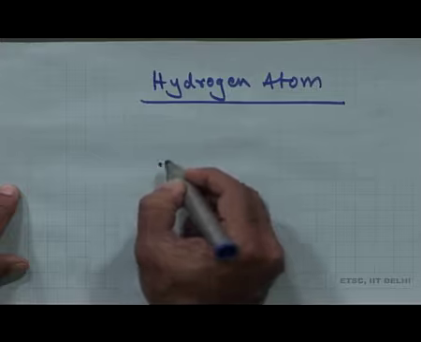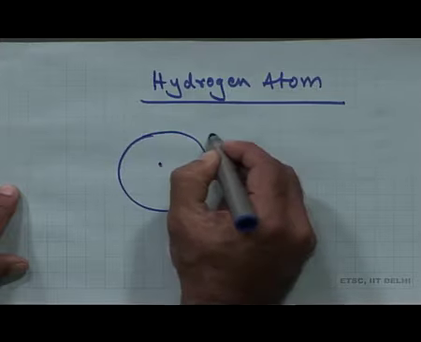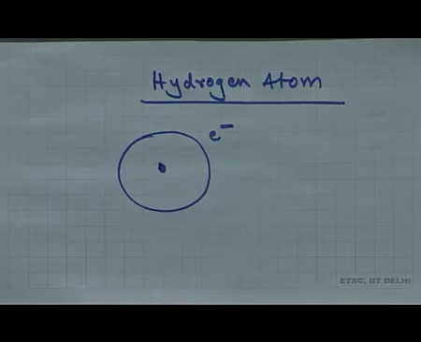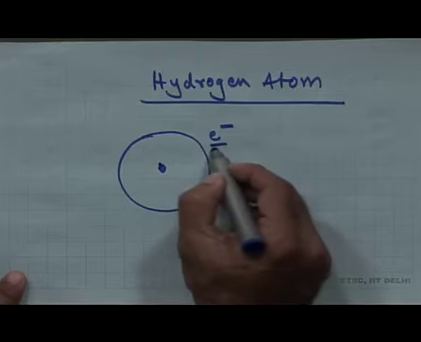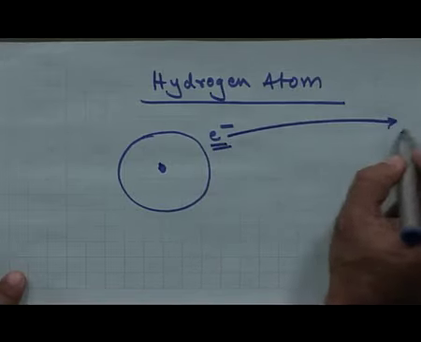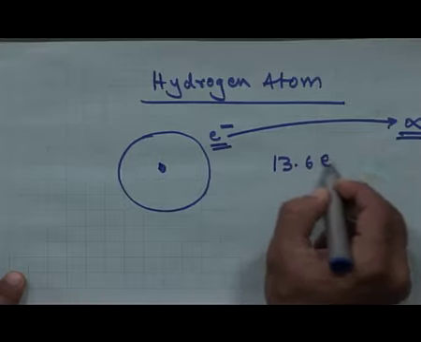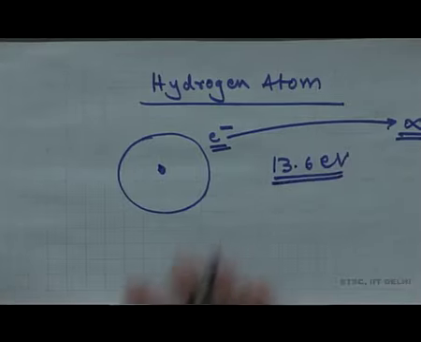I have my proton, I have my electron. Assume proton to be infinitely massive. It is a very meaningful and unambiguous question to ask, what is the binding energy of the hydrogen atom? And that is simply the energy, as I told you, to take it away to infinity. So you have 13.6 electron volts, let us say.